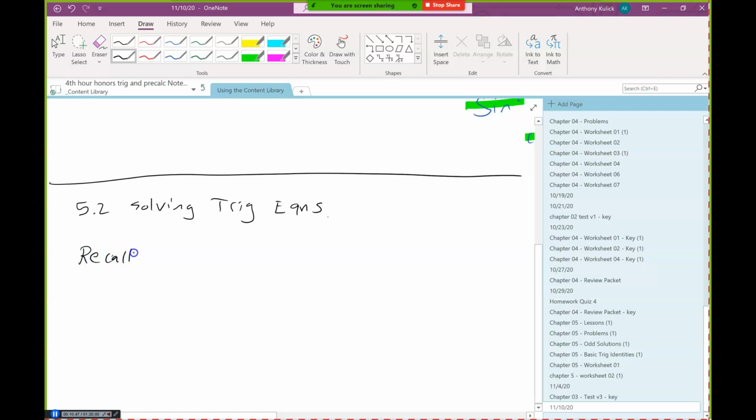So recall last chapter, we asked you to find the value for something like this, right? And when we didn't give you an interval, like in this problem, for sine, we know the interval that we're looking for is negative pi over 2 to positive pi over 2.